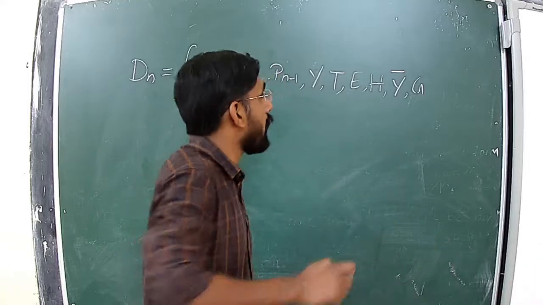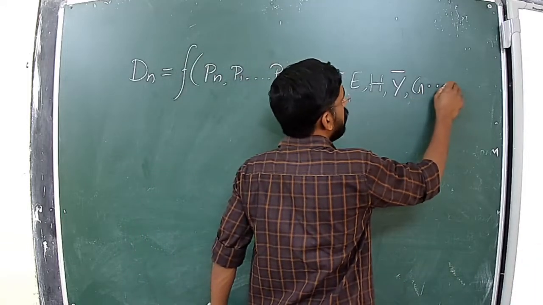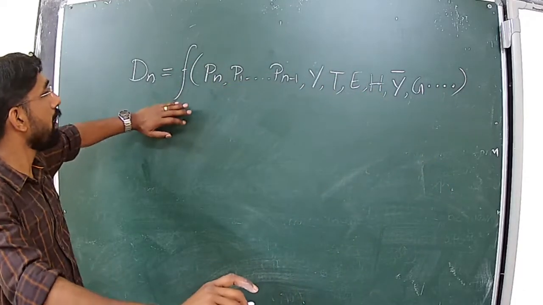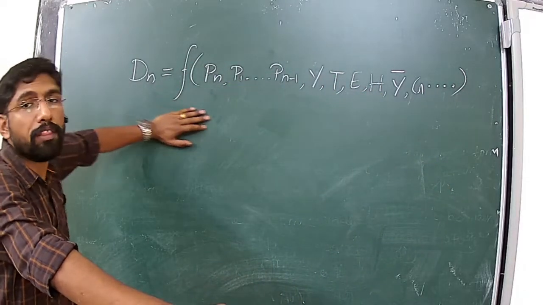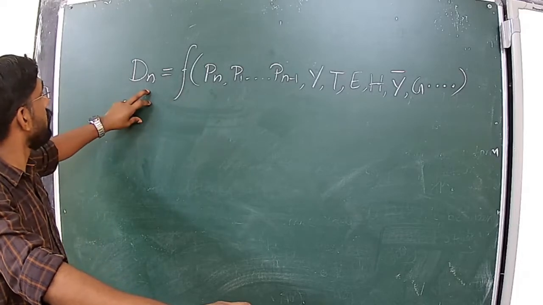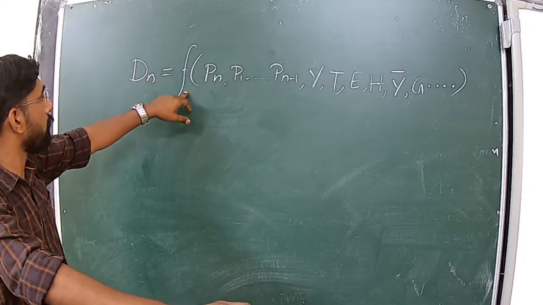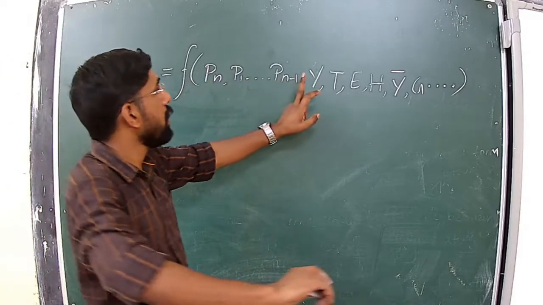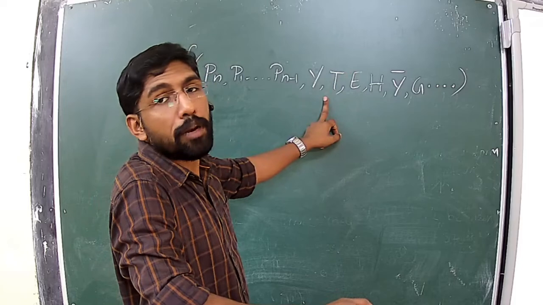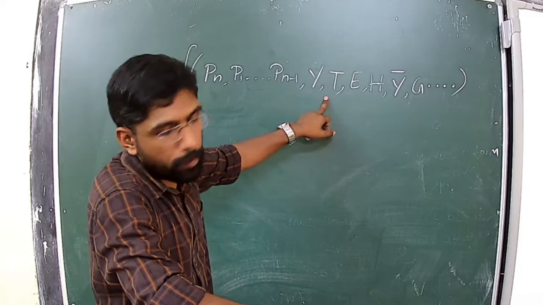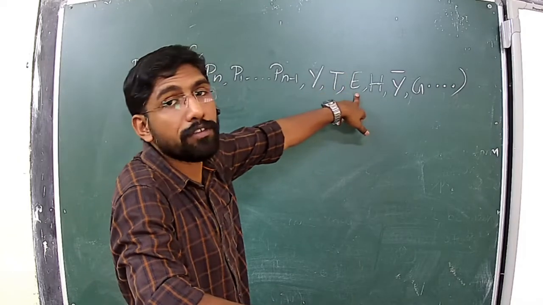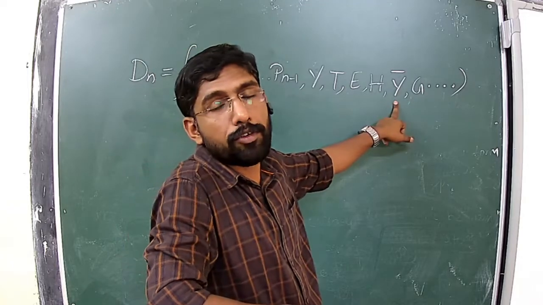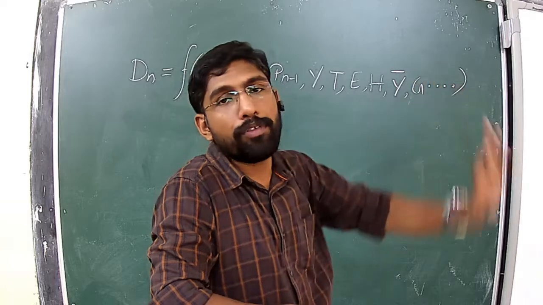So there are so many other factors which determine the demand of a commodity. Anyway, here we are talking about only these points. The demand of N is equal to function of price of the commodity, price of the related commodity, income of the consumer, taste and preferences of the consumer, expectations of the consumer, size of the population, distribution of income, then government policies.